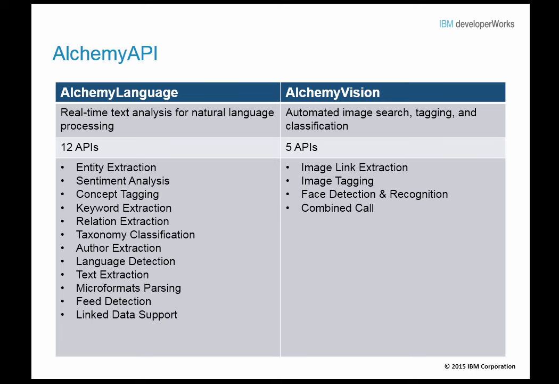Alchemy Language offers 12 text analysis functions: entity extraction, sentiment analysis, concept tagging, keyword extraction, relation extraction, taxonomy classification, author extraction, language detection, text extraction, microformats parsing, feed detection, and linked data support. These REST APIs provide the ability to receive responses in a number of formats, including XML, JSON, RDF, and microformats.